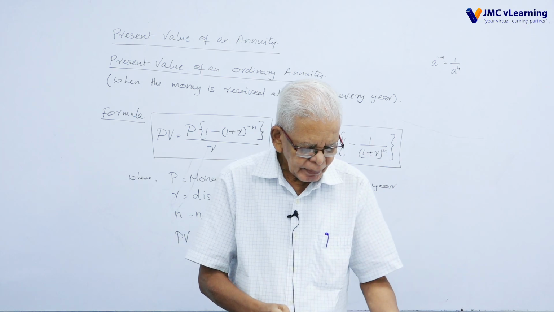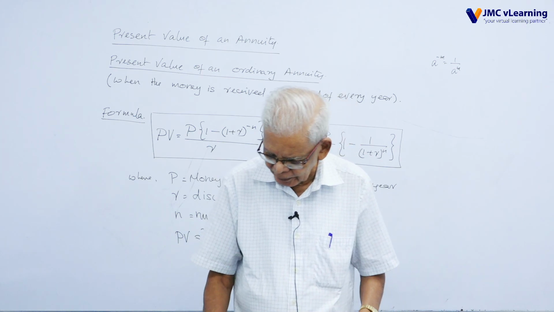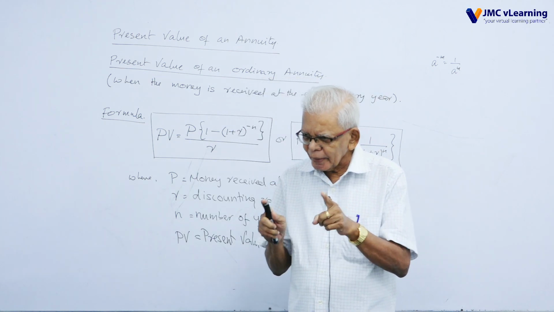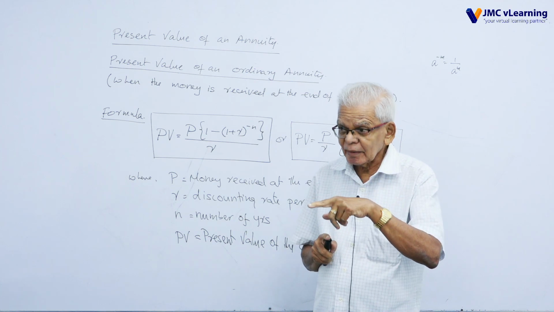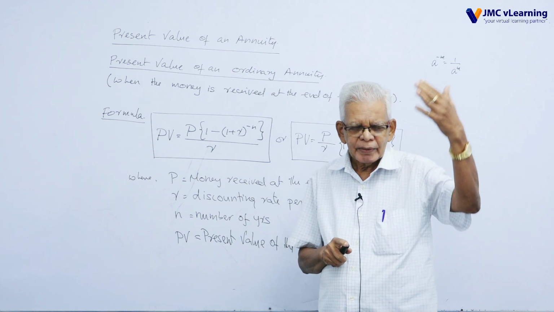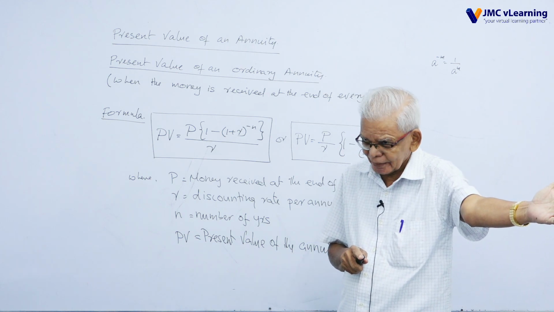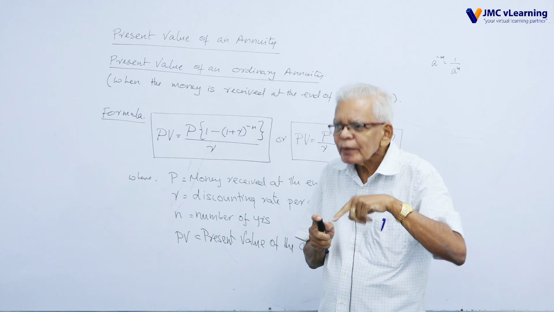Then what do you mean by this present value of an annuity? What is the practical meaning of present value of an annuity? Present value we did last time, no? If somebody is due to get 10,000 rupees in another 5 years' time and he is asking for that money today, how much do we have to pay him?